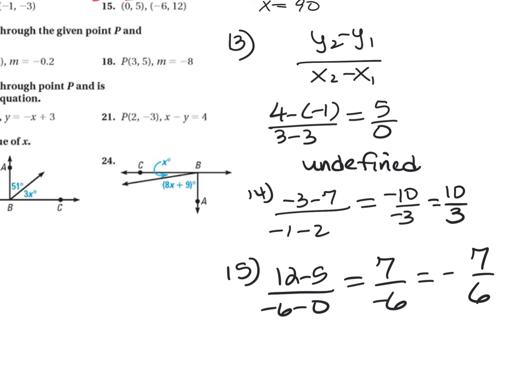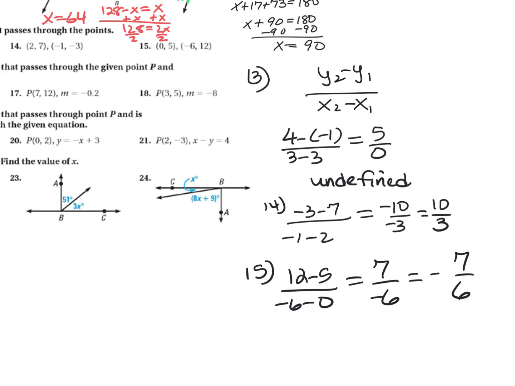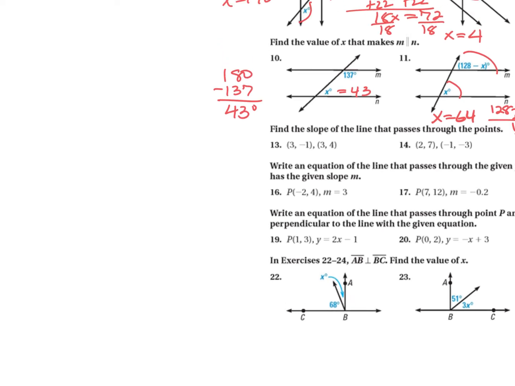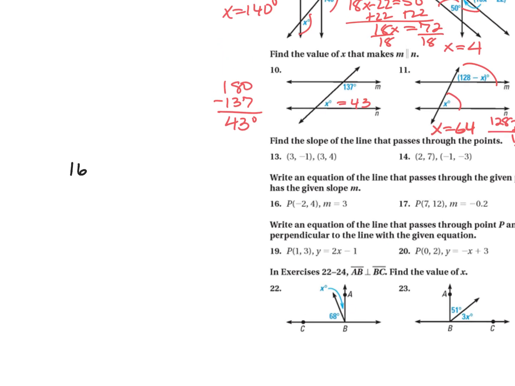Now, be able to do questions where you're asked to write an equation in slope-intercept form, given a point and given the slope. Remember, we need to calculate the b and then plug everything back in. So let's try number 16 through 18 and come to the other side here. 16, I'm given the ordered pair negative 2, 4 with a slope of 3.